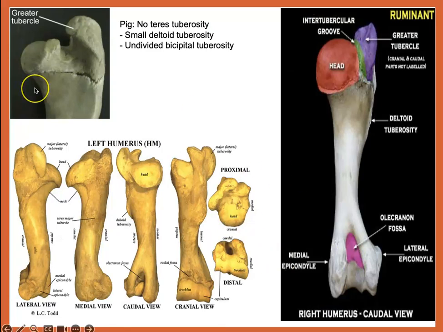So you can look at also here in case of the bovine. An interesting structure to find is the cranial part of the tuberosity, usually curved over the bicipital groove.